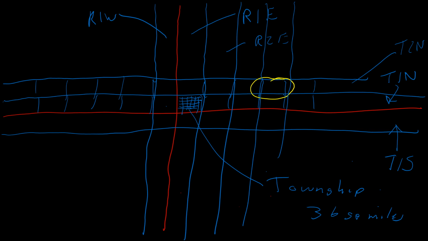So now, let's say we were right here, okay? We can't see down to the sections because they're too small, right? But let's say we had a section 1 in there, maybe the northwest quarter of section 1. What is the T number going to be for that?